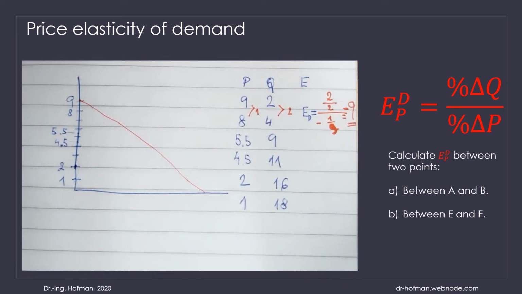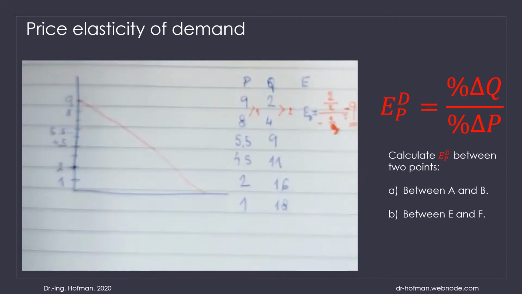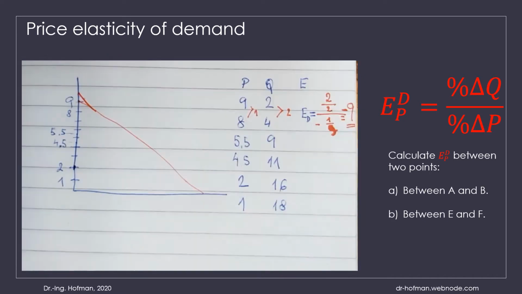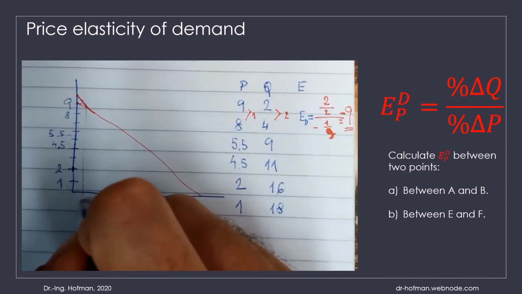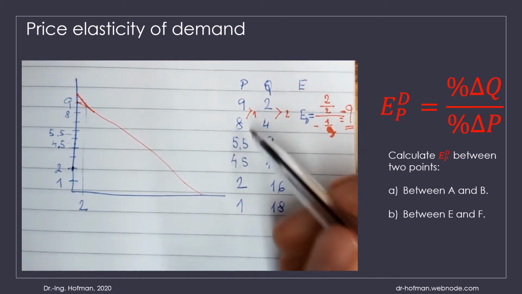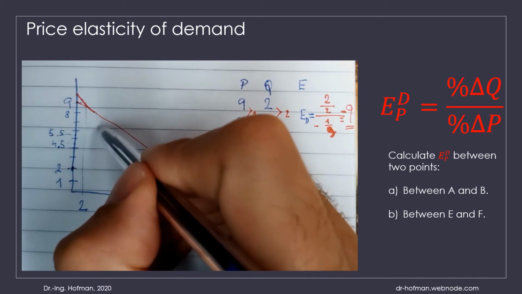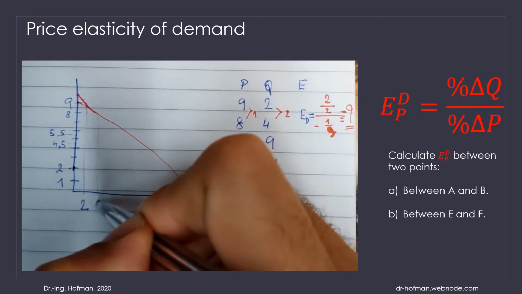And now for 9 I have two pieces bought. For 8 I have 4 pieces bought by consumers.